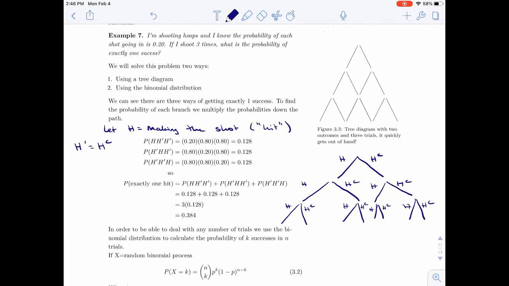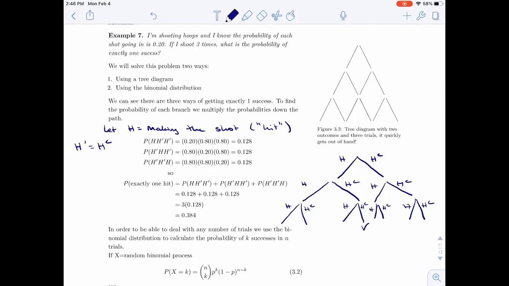So we want to look at these trees and say, okay, if I can only have 1 success, then if I start here, after that, I can only have non-hits. Nothing but the hits. There. That's one. If I didn't get one here, I've got two options.